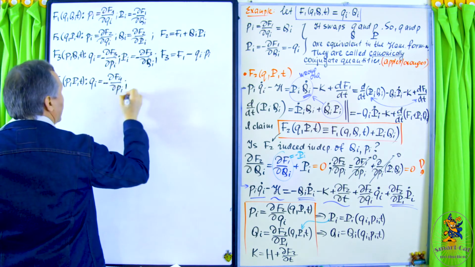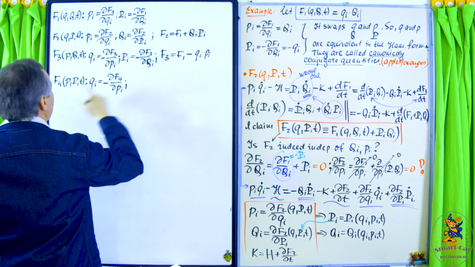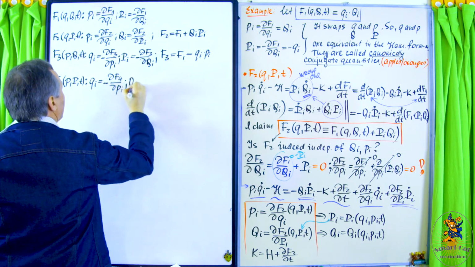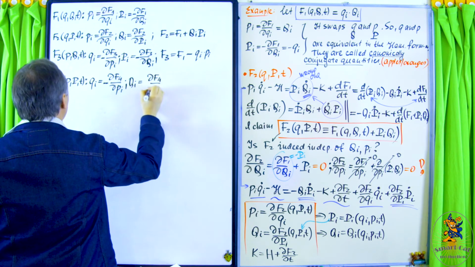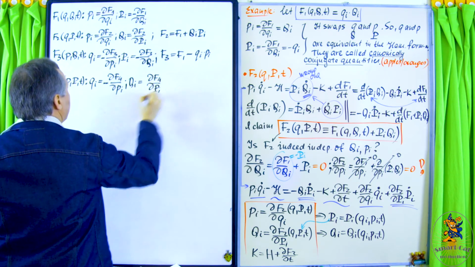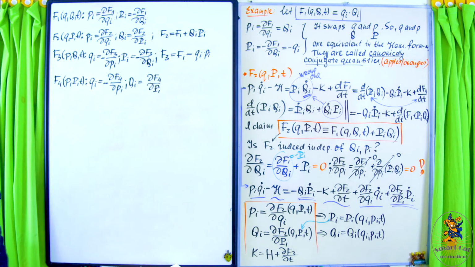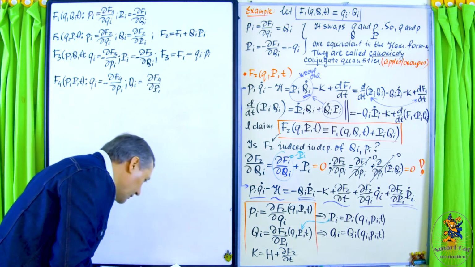Second equation giving us transformation equations. So here it should be Qi equals partial derivative of f4 with respect to linearly independent variable Pi, sign plus.